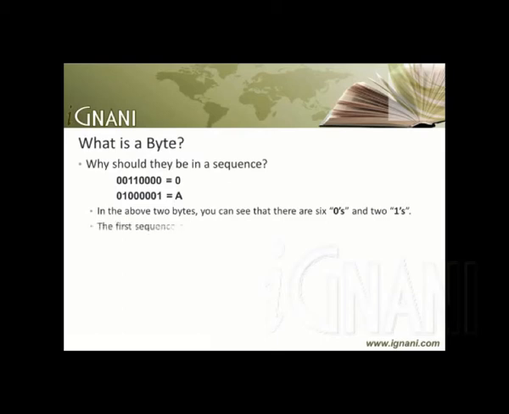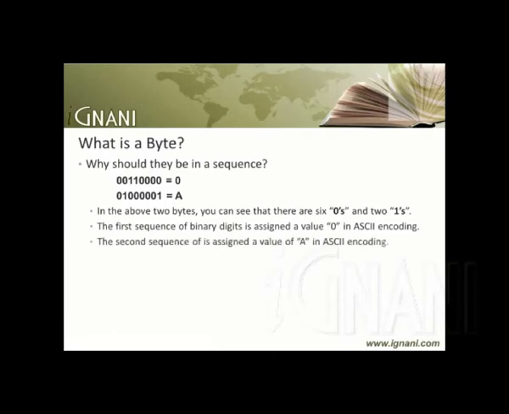While the first sequence of binary digits is assigned a value 0, the second sequence of binary digits is assigned a value of A. The only difference is their sequence.